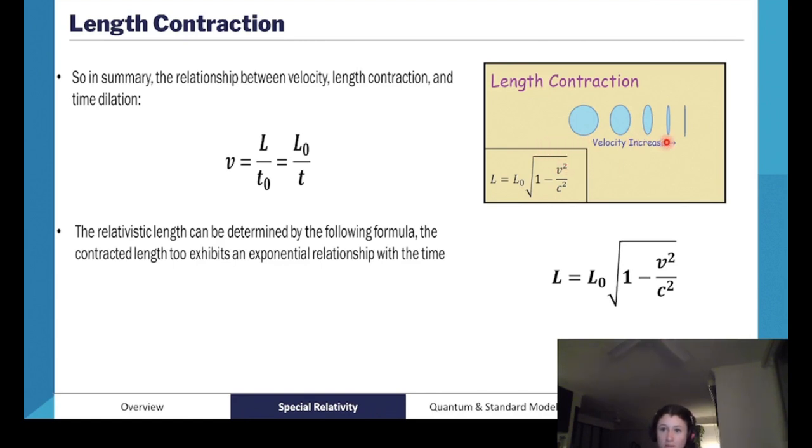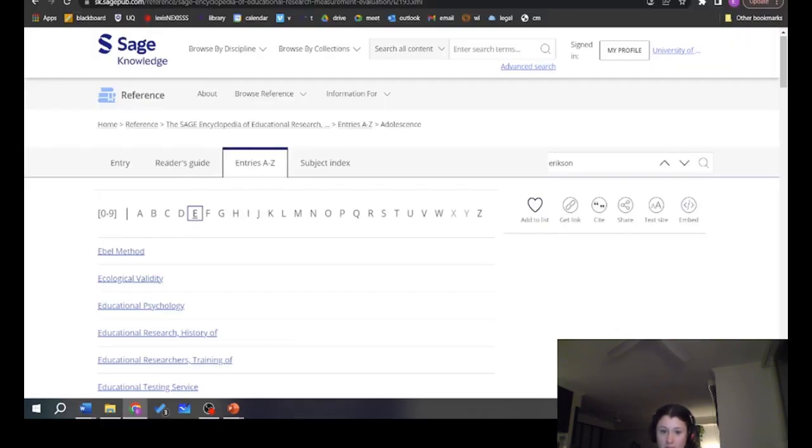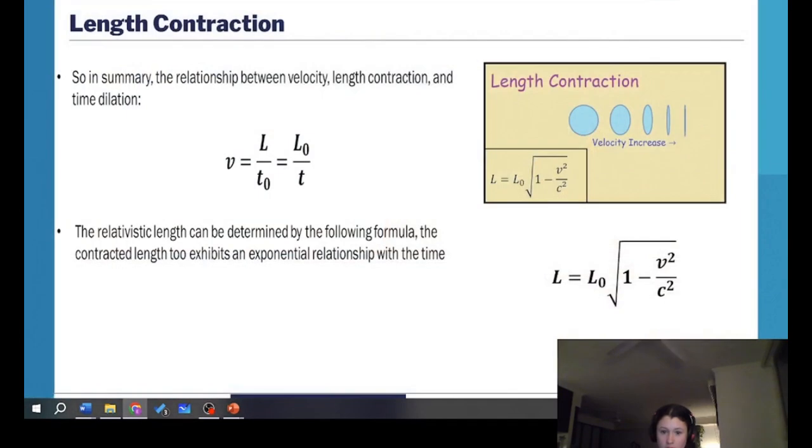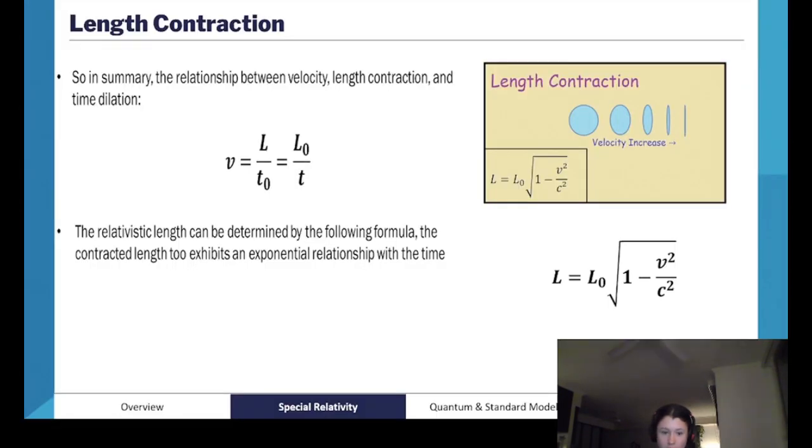As our velocity is increasing, our object is contracting in length in the direction of travel. So as you can see, the height of the shape isn't changing, but because it's going in this direction, it's getting skinnier, right? And then this formula here describes the relativistic length and the length of the, there we go.